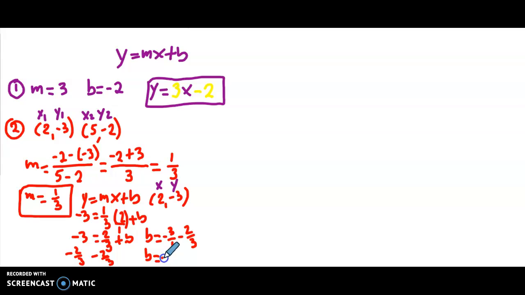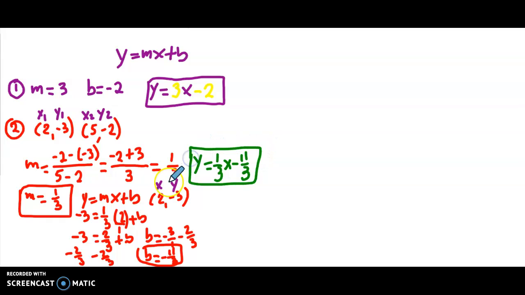So b equals -11/3. So from the two red boxes, I have my two pieces of information, and I'm ready to write my line in slope-intercept form. y equals m is 1/3 x. My b is -11/3. So this is another scenario where you can be given any random points on your line.